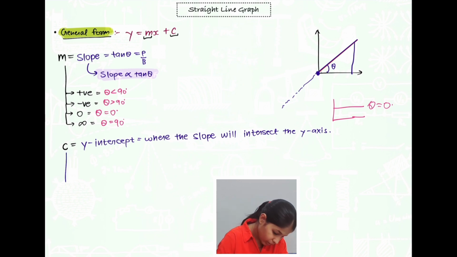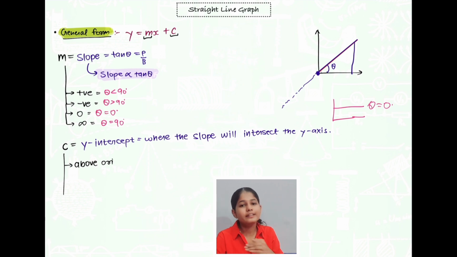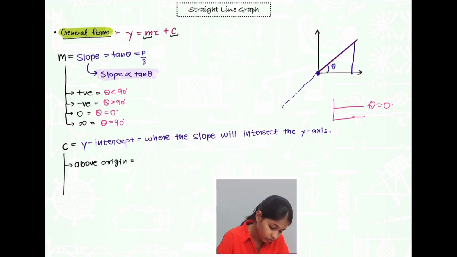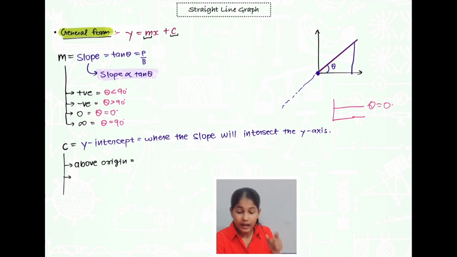If the C is above origin, means if the slope is intersecting the y-axis above the origin, or when the slope is intersecting the y-axis at origin.